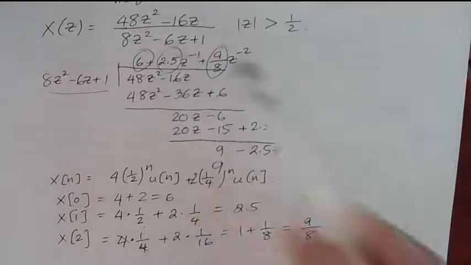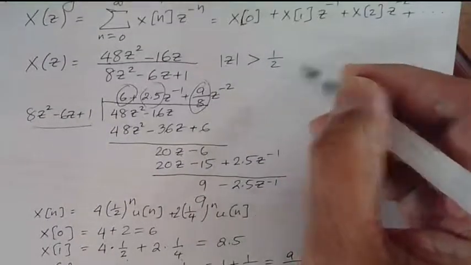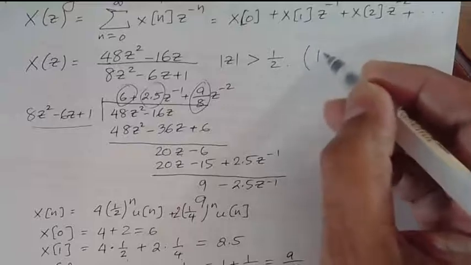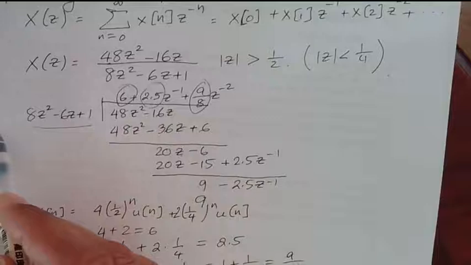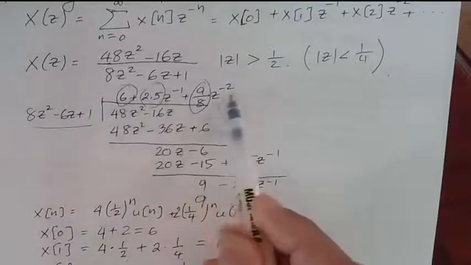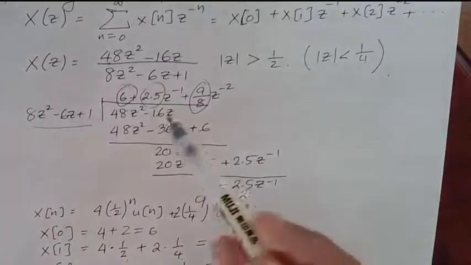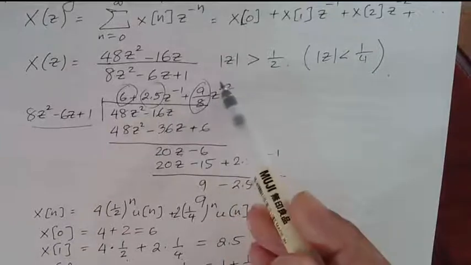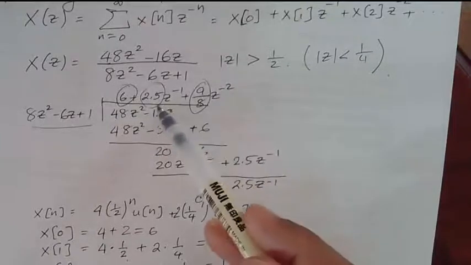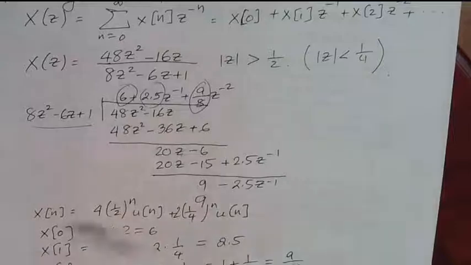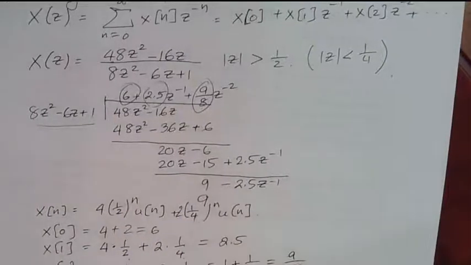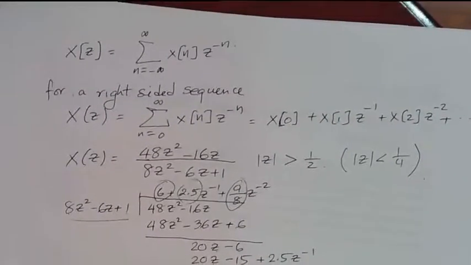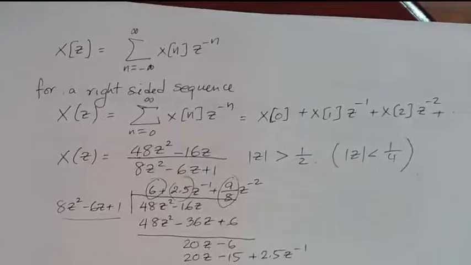So if this hadn't been z greater than a half, if it had been magnitude of z less than a quarter, then I could have flipped this, and I would end up with a polynomial in z, instead of a polynomial in z to the minus 1, and we'd get a left-sided sequence out of that. But, you know, you don't have to know it. This is more for curiosity.